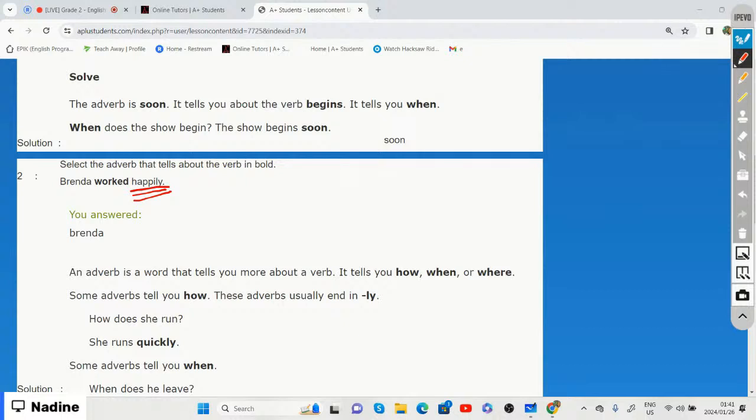The adverb tells us how she worked: happily. All right.